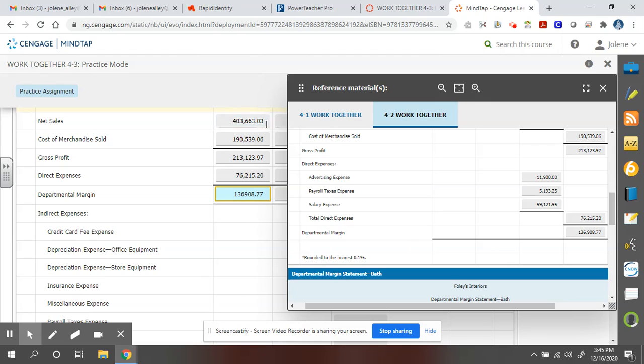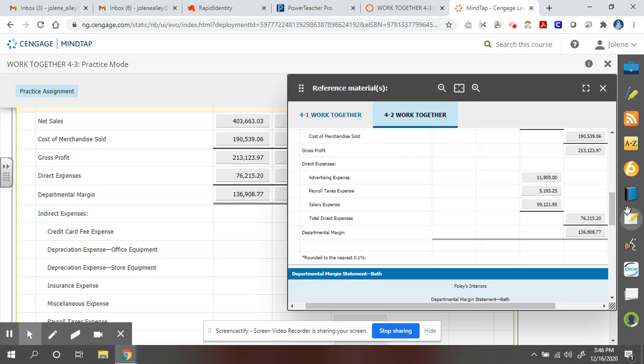So your net sales minus how much it costs you to put the merchandise on the shelves gives you your gross profit. You take away your direct expenses from just that kitchen department, and you find out the kitchen for the year made $136,908.77. Okay.